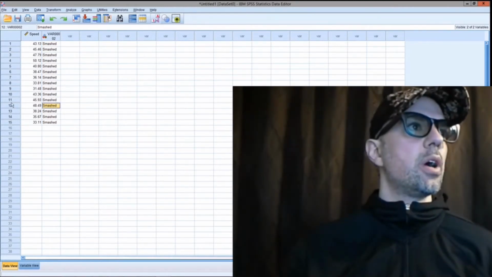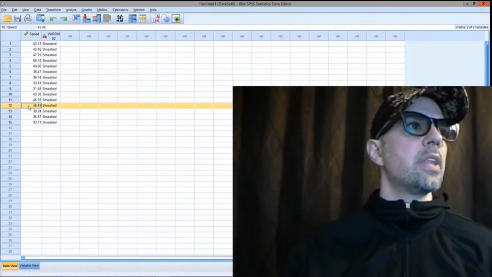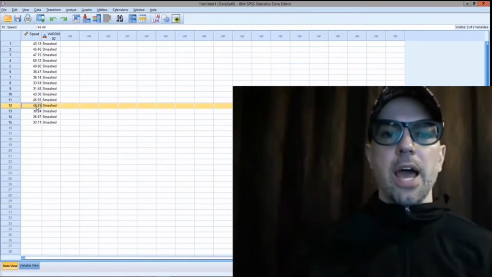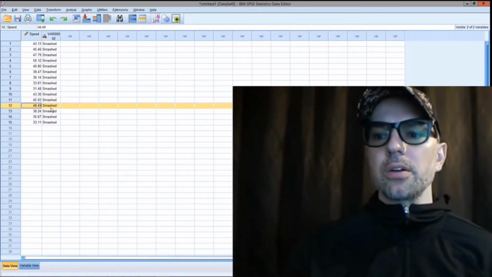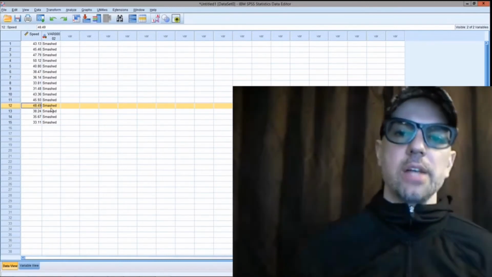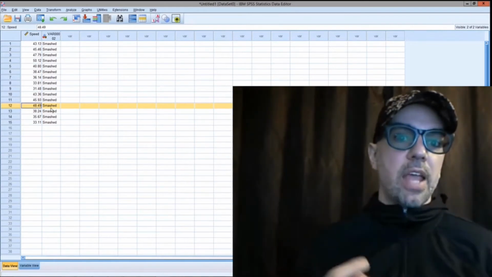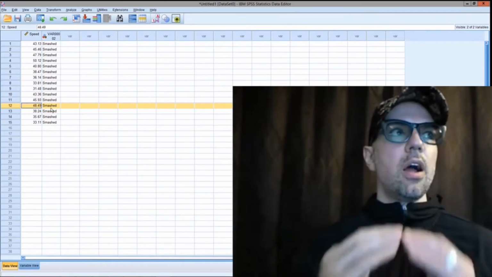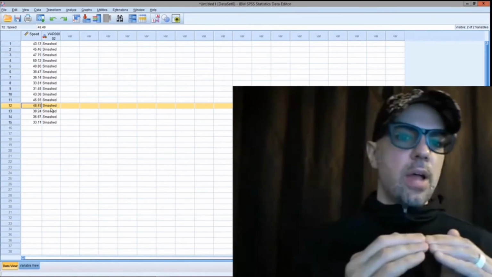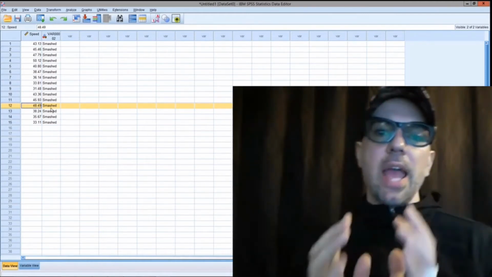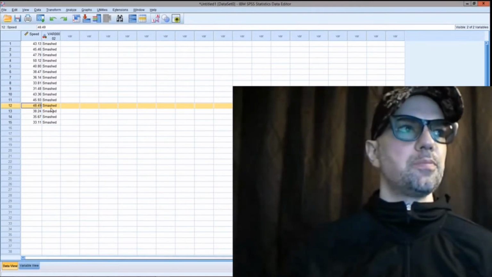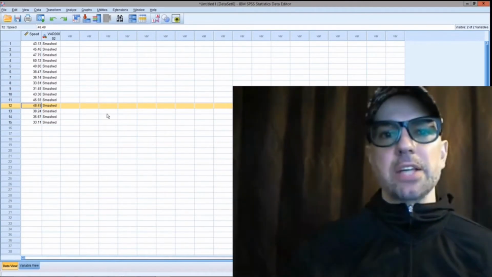So subject number 12 had an estimate of 48.49, and their group identity was the smashed group. That's everything we know about subject 12, all on that one line, including their speed estimate and the group that they belong to. All right, so now we have the smashed into group.